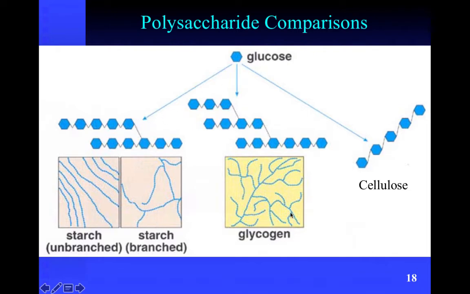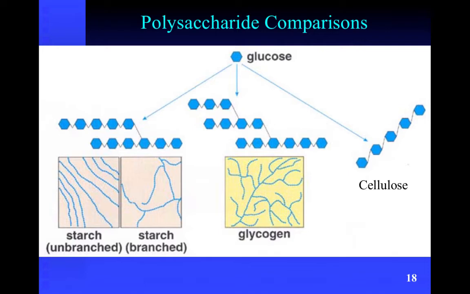Here's glycogen. Remember, this is a glucose storage form in plants. Glycogen is glucose storage form in animals. So here we have glycogen is alpha 1 to 4, and a branch point, alpha 1 to 6. Glycogen has more alpha 1 to 6 bonds than amylopectin.